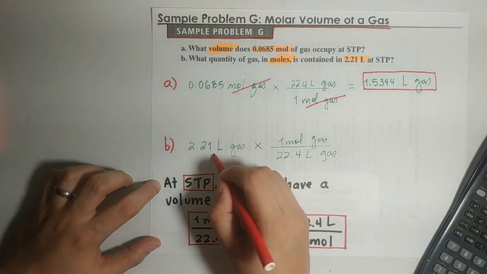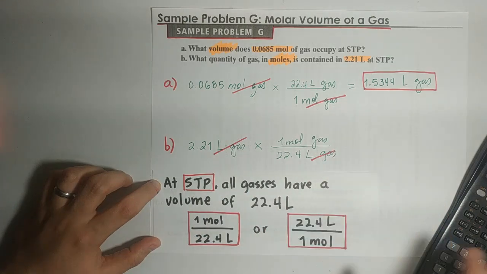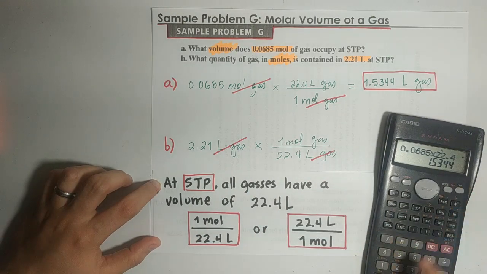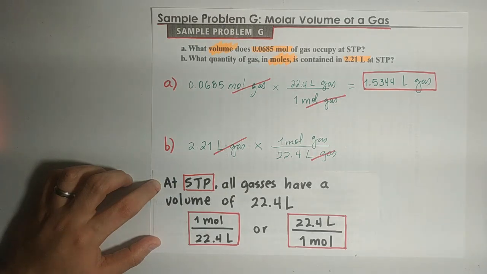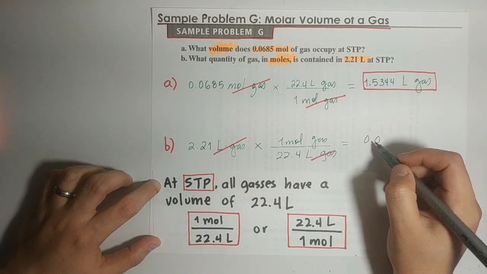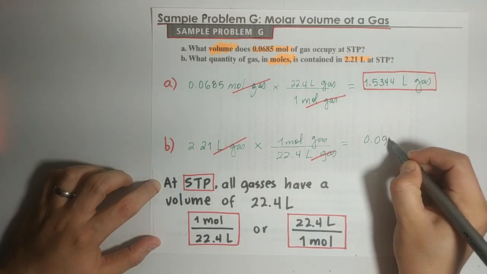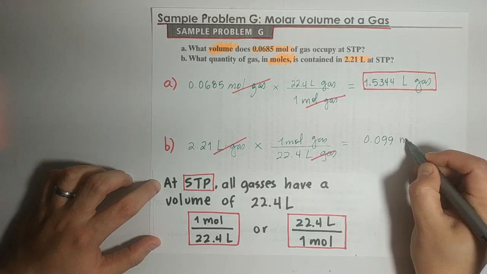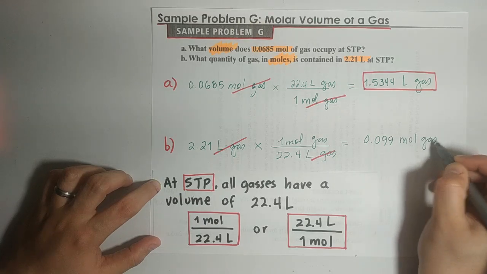Now I can cancel my liters and I will divide 2.21 times 1 divided by 22.4. This gave me an amount of 0.099 moles of the same gas.